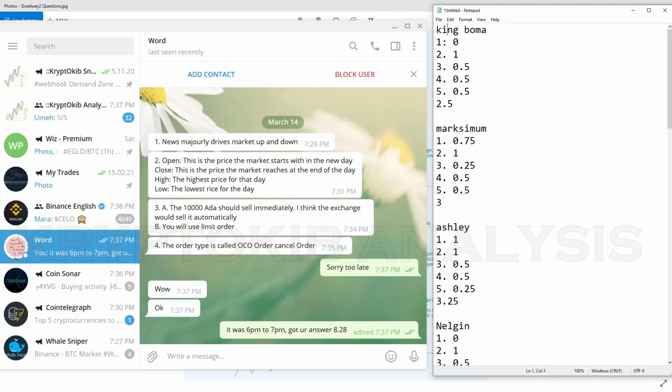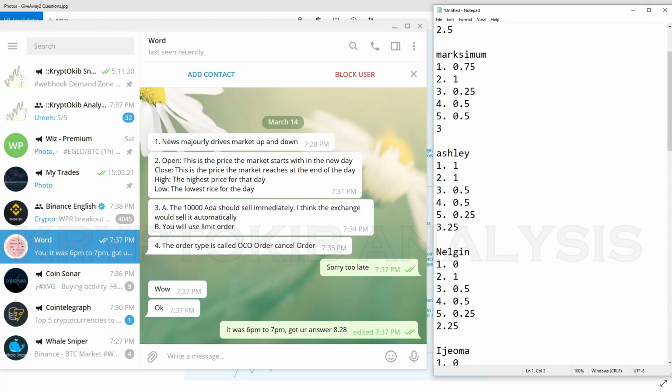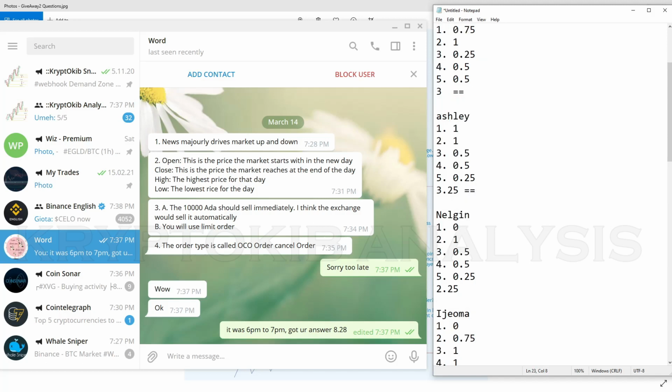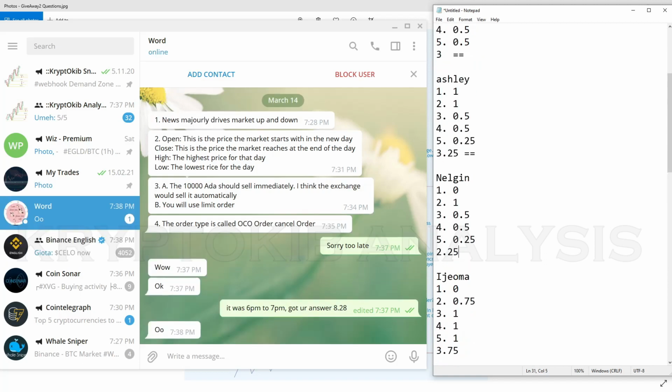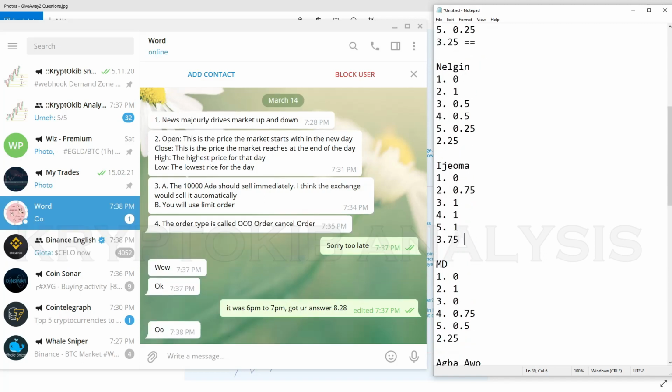So let's count the winners. The moment of truth. So King Boomer had 2.5. Didn't make the cutoff. Maximum had 3. Made the cutoff. Then Ashley made the cutoff. That's 2. Negin didn't quite make the cutoff. Ijoma made the cutoff.